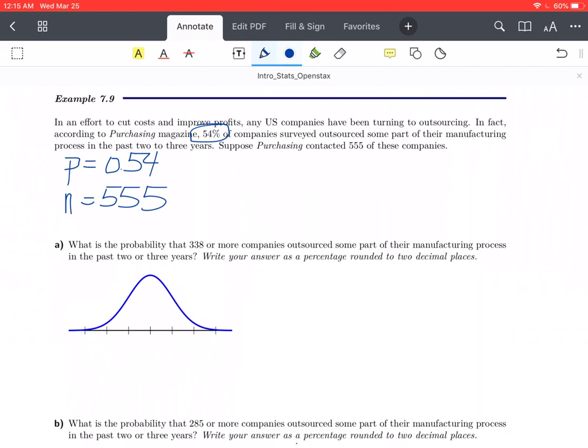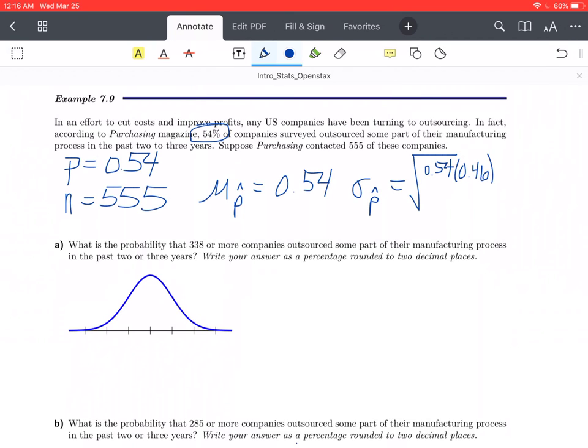So let's go ahead and get the mean and standard deviation for this. The mean of p hat is going to be the same as p, so that's 0.54. And the standard deviation for p hat is going to be the square root of 0.54 times 0.46, right?